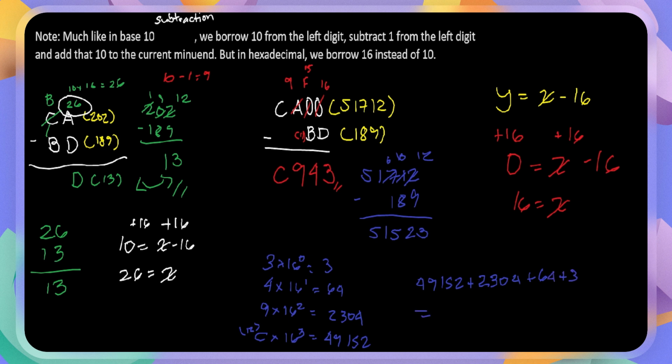Let's add those together using my calculator. That's 51,523. And as you see, it's the same answer.